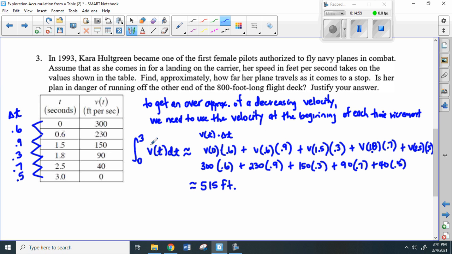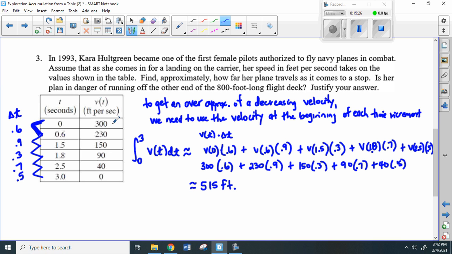Okay, so we're approximating her total distance. All right, so we're approximating the integral from time 0 to 3 seconds, by setting up basically rectangles, okay, where we're taking the velocity at the beginning of a time interval, right? So v of 0 would be 300, but then we're multiplying it by the time increment for that interval.